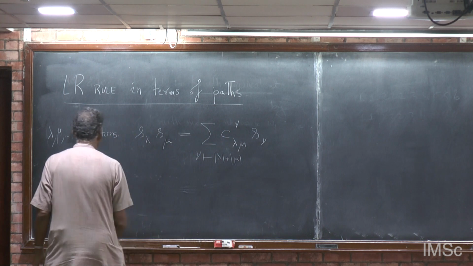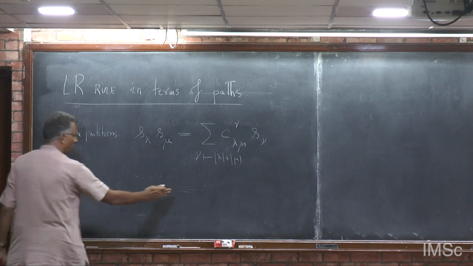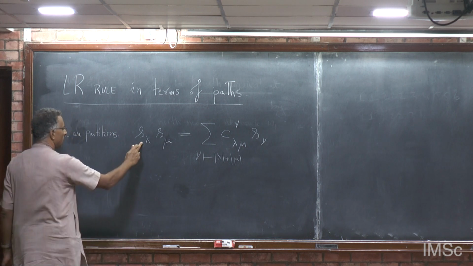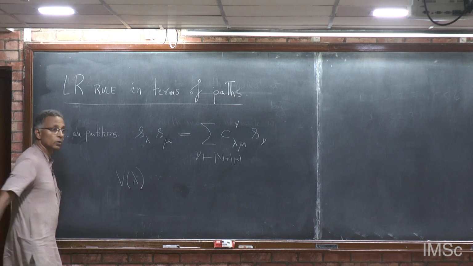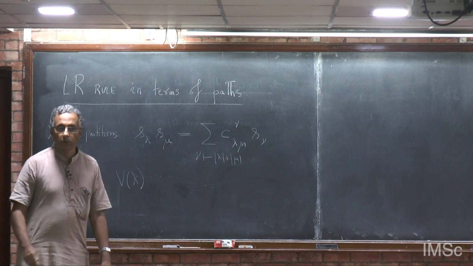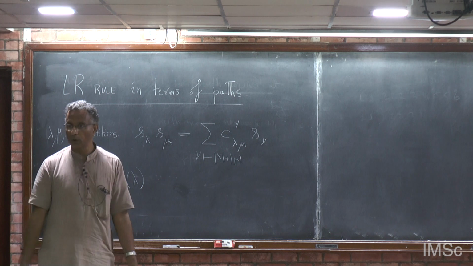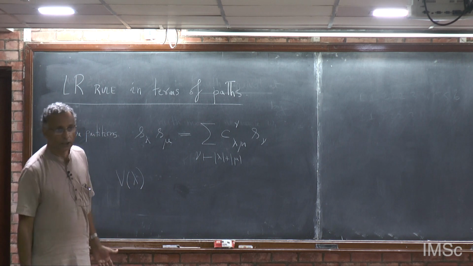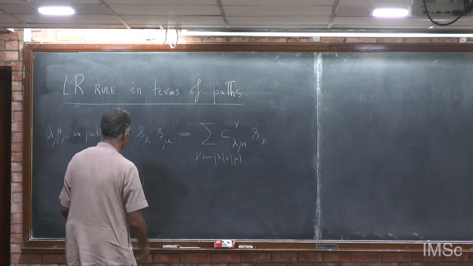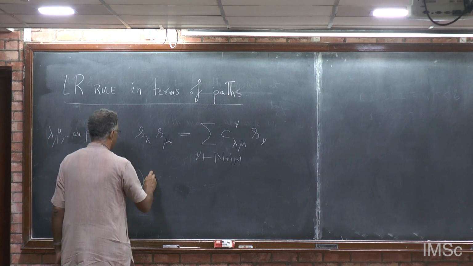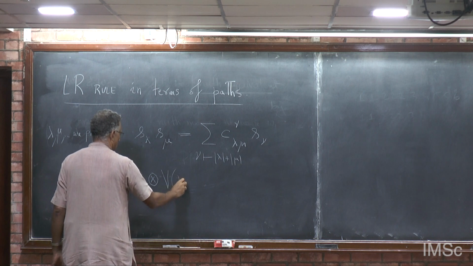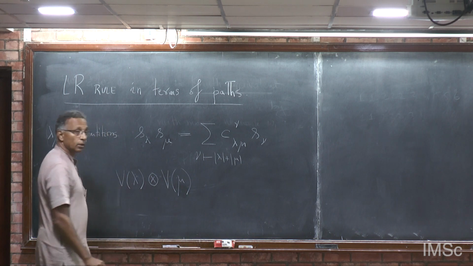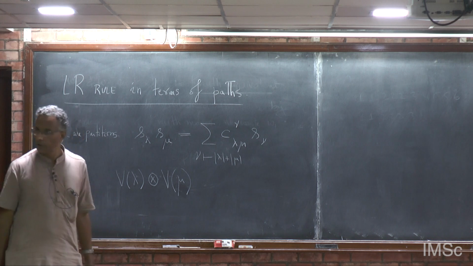But we also saw that S lambda is the character of V lambda. There is a corresponding irreducible representation of GL n, if you wish, or SL n, and maybe it's better to take GL n. And there is one for V mu.